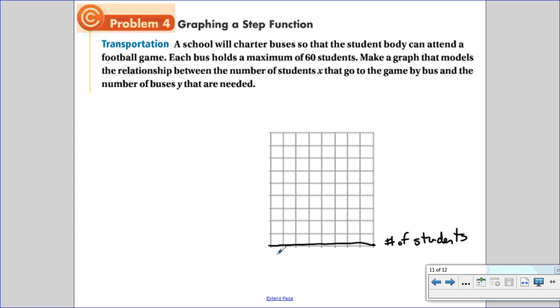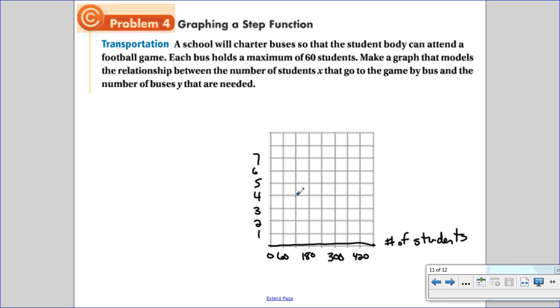And it's going by every 60. So let's go there, 60, 120, 180, 240, 300, 360, 420. And how many buses we need? So we're going to go 1, 2, 3, 4, 5, 6, 7.